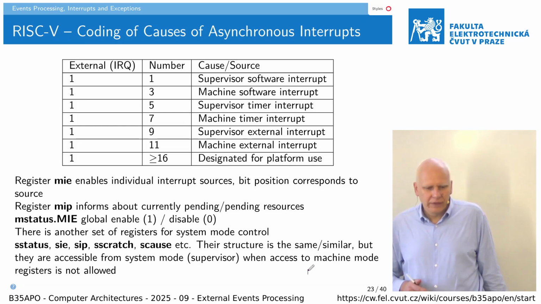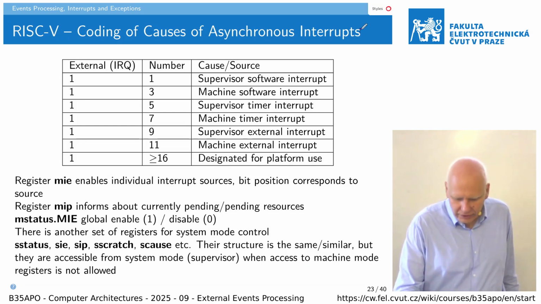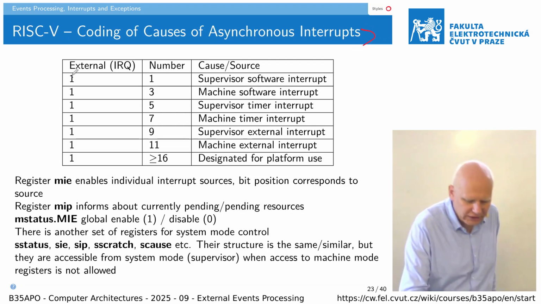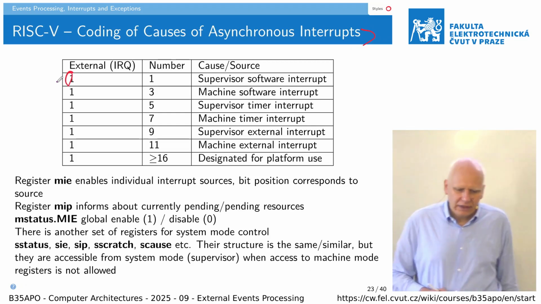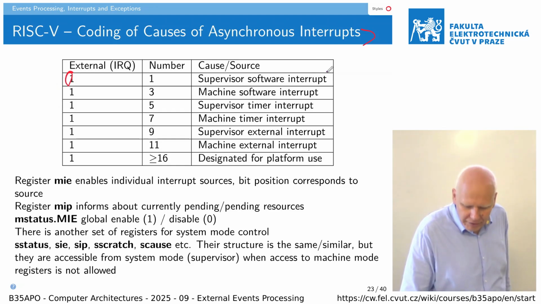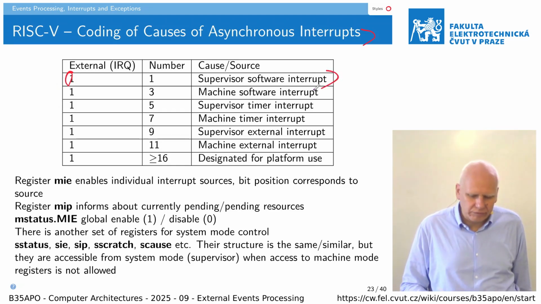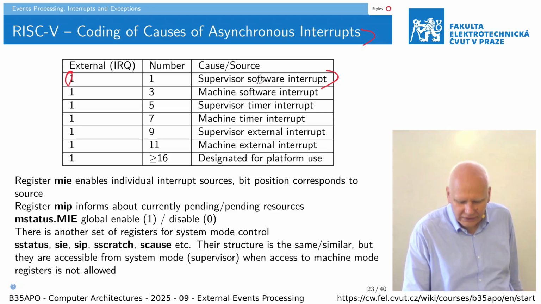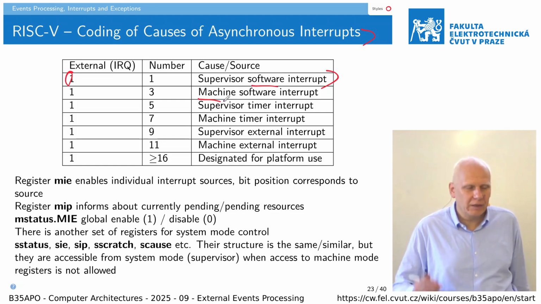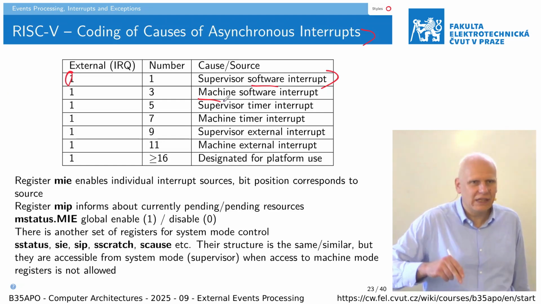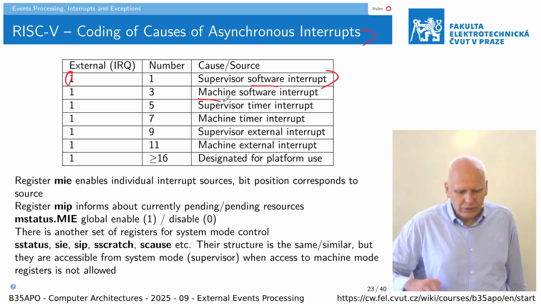And for the asynchronous external interrupts, which have that interrupt bit set, the number 1 is a supervisor software interrupt. Then we can have there a machine software interrupt where a processor can request an interrupt to itself.